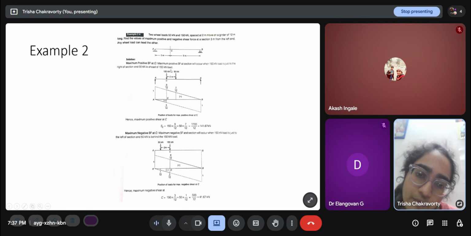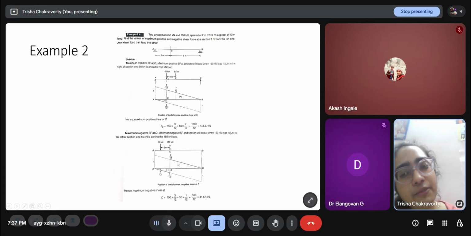Now should I place 50 in front or 50 behind me? Conceptually you can see this is the positive part of the diagram. So 150 into 9 by 12 is going to be a positive value. So if I'm looking for the maximum value, then I have to put the 50 in front so that this also gets added up. So 150 into 9 by 12 plus 50 into 7 by 12 is the worst positive shear force I can have.